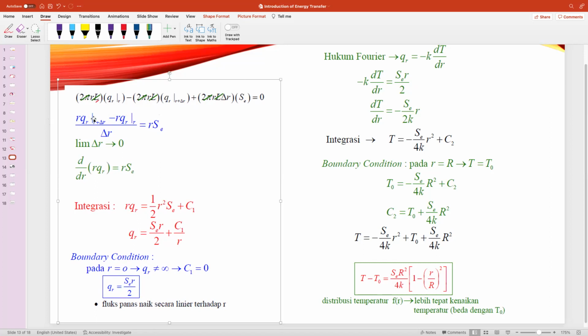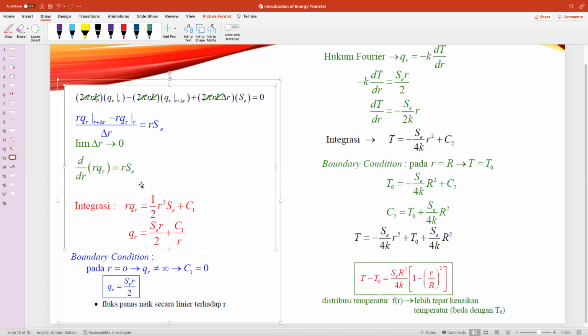Then we end up with RQR at R plus delta R minus RQR at R, divided by delta R, equal to RSE. Similar to the previous one, you should be faster than previously. At the limit delta R equal to 0, you get d of RQR over dR equal to RSE.